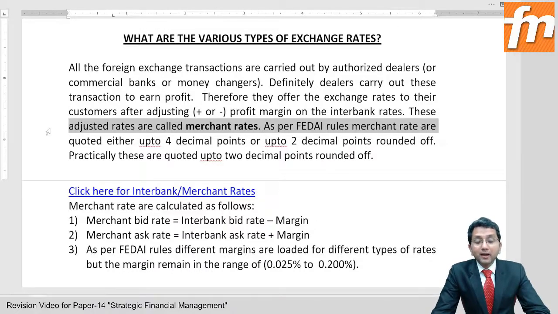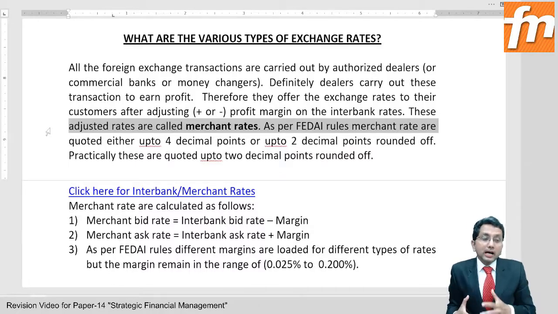Now, as per FEDAI rules, there is an association in India which is called the Foreign Exchange Dealers Association of India. If you're a foreign exchange dealer, you're bound by FEDAI rules.